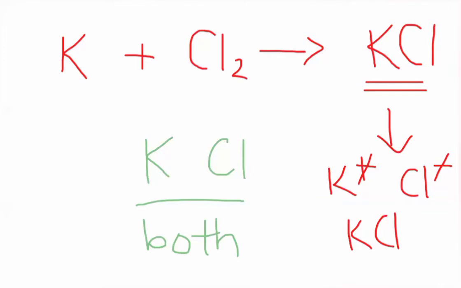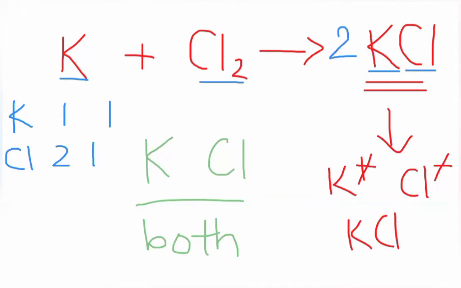So over here at the moment, I have 1 potassium on the left hand side and 1 potassium on the right hand side, 2 chlorine on the left hand side and 1 chlorine on the right hand side. Potassium is balanced but the chlorine is not balanced. So firstly, to make this chlorine 2 on the right hand side, I can add a 2 over here.